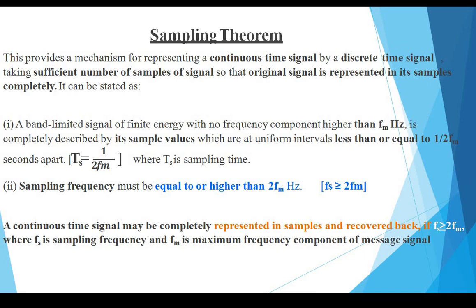So the continuous signal may be completely represented in samples and can be recovered back if your sampling frequency is greater than 2 FM. That is the sampling rate.